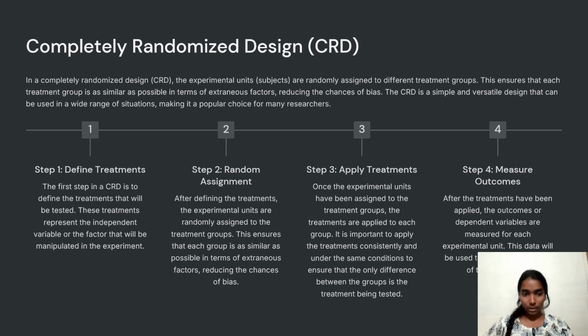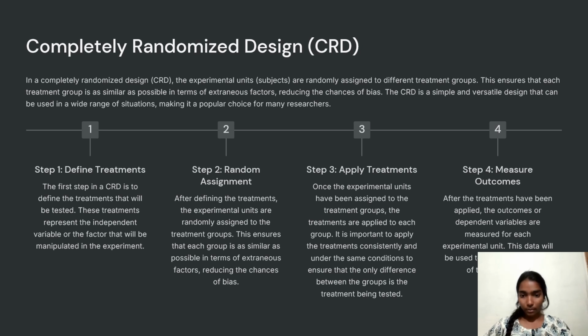These treatments represent the independent variable or the factor that will be manipulated in the experiment. Random assignment: after defining the treatments, the experimental units are randomly assigned to the treatment groups. This ensures that each group is as similar as possible in terms of extraneous factors, reducing the chances of bias.